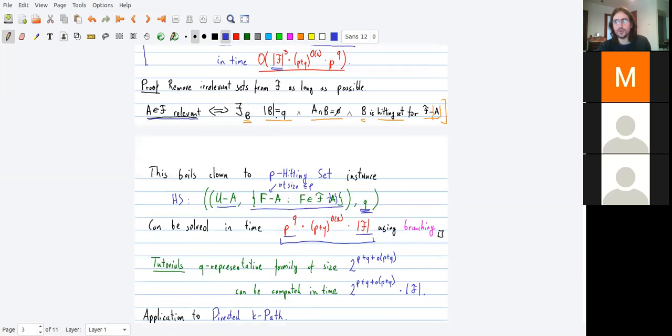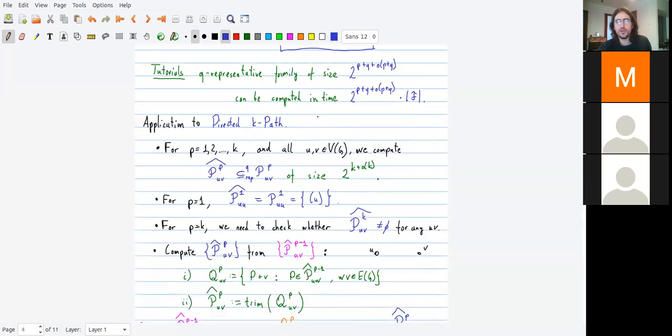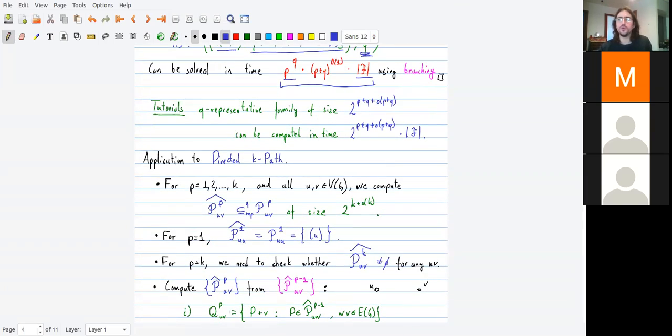Good. So during the tutorials, you will see another algorithm for computing a q-representative family. It will be of slightly worse size. So instead of size p plus q choose p, we will get a size that is roughly 2 to the power p plus q, times some smaller order factors, but the running time will be better.